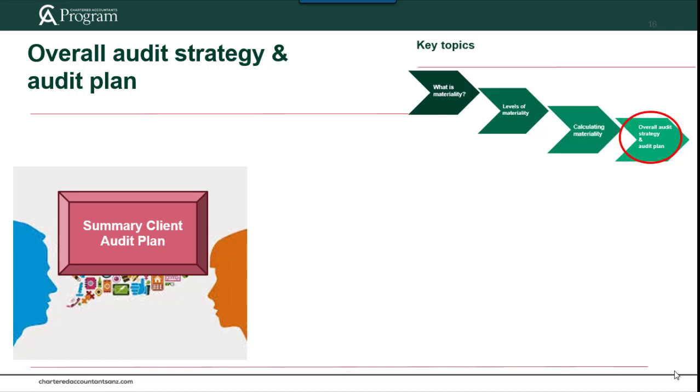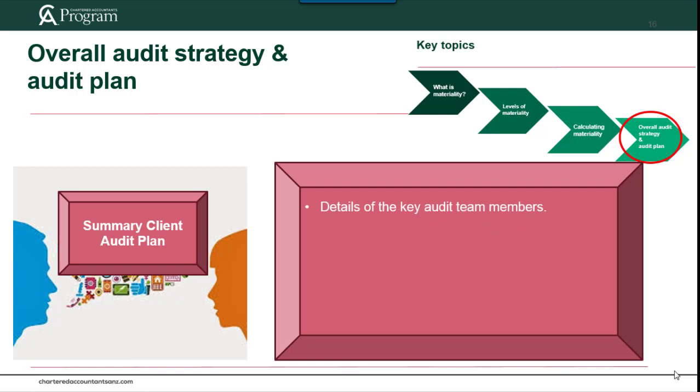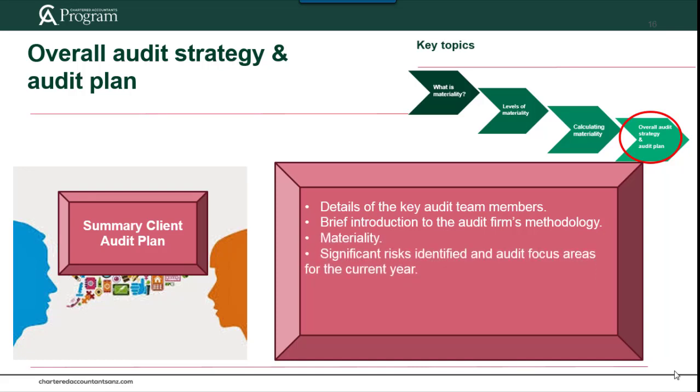A typical summary client audit plan includes the following: details of the key audit team members, a brief introduction to the audit firm's methodology, materiality, significant risks identified and audit focus areas for the current year, the audit approach for key audit areas, auditor independence, timing and deliverables. Other components such as group scoping or working with internal audit would also be incorporated into the summary client audit plan depending on the client's circumstances.